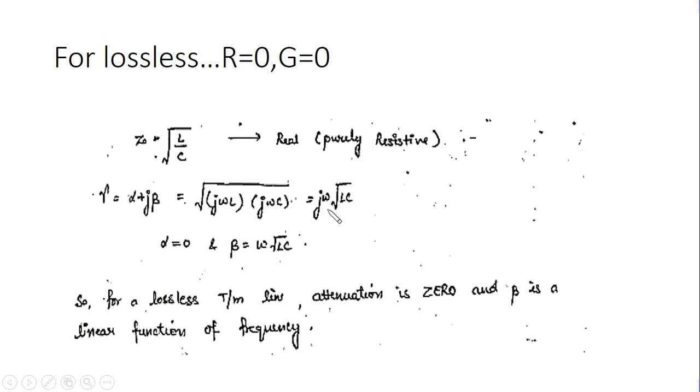From this we can calculate that alpha is equal to 0 and beta is equal to omega into under root of LC. These are the equations for the lossless transmission line, where the attenuation constant alpha is 0 and beta is a linear function of the frequency. So that's all about the characteristic impedance of the transmission line.